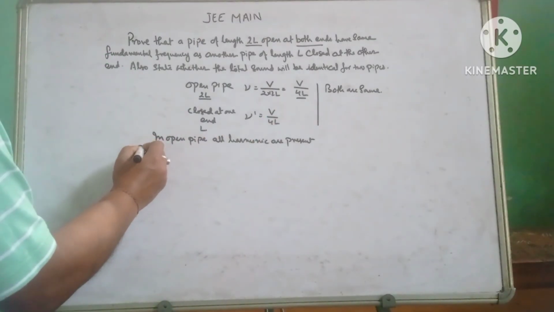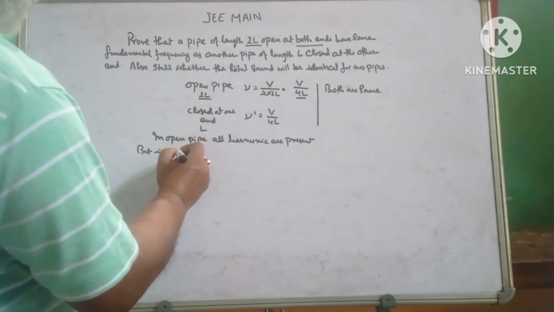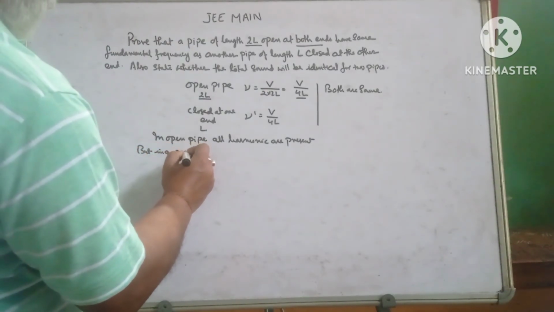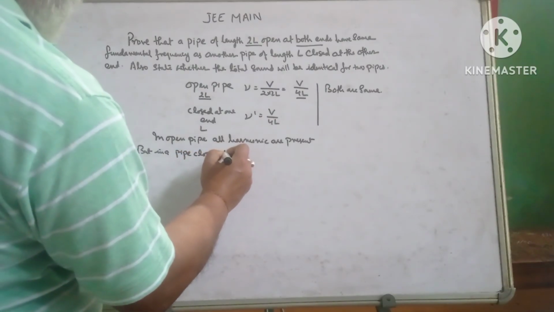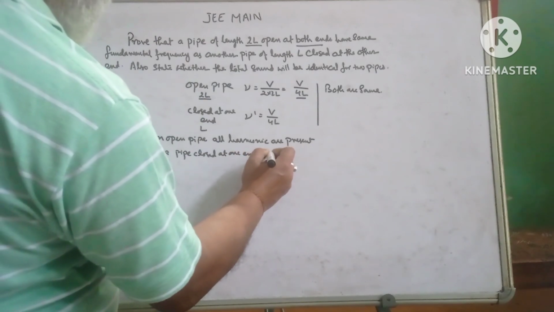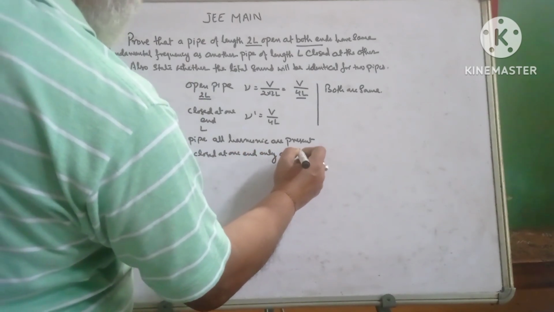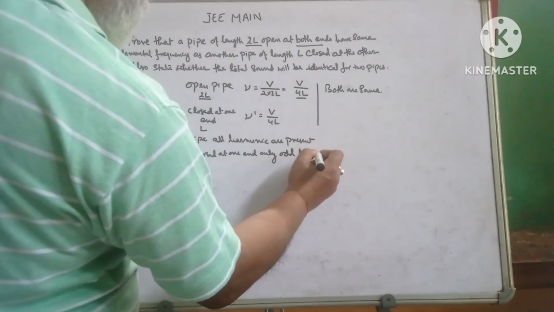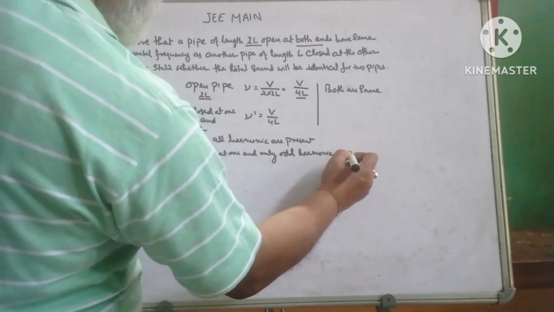But in a pipe closed at one end, only odd harmonics are present.